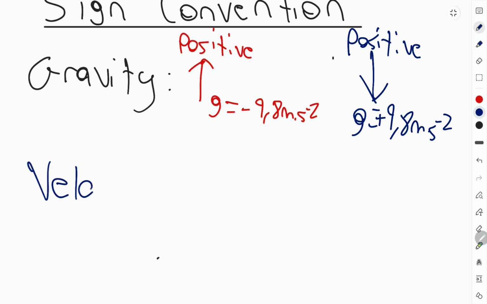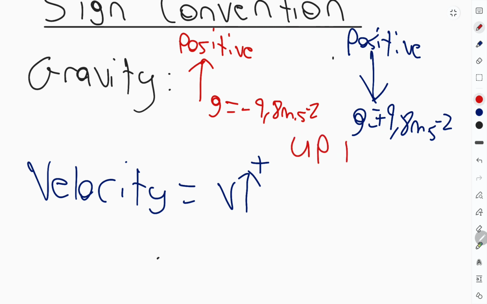For velocity, now there's a difference. If I choose up as positive, that means my velocity going up will be positive.